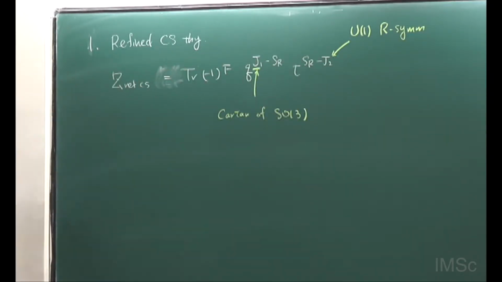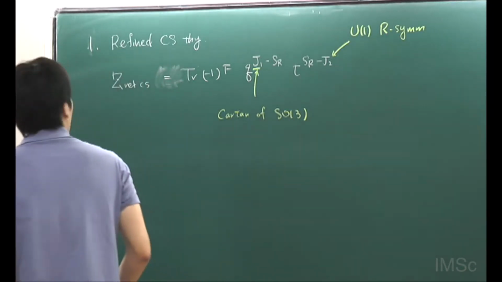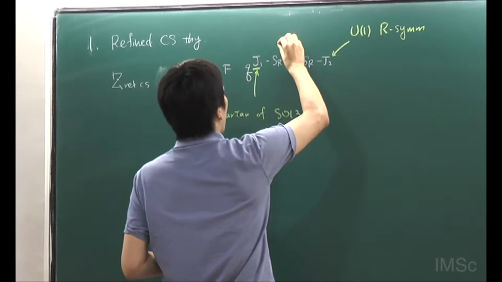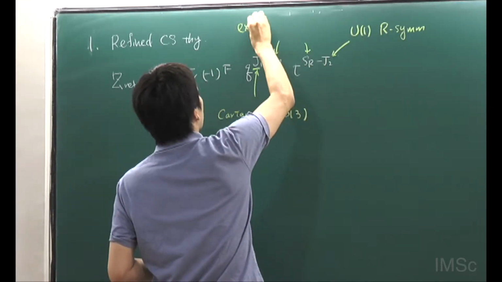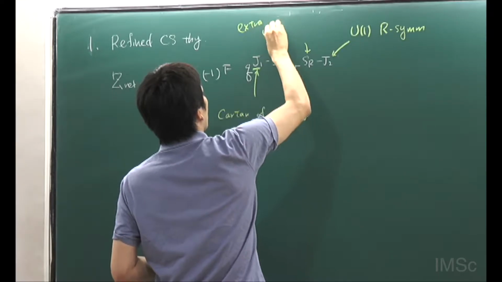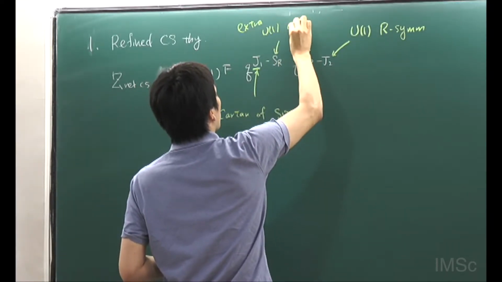I will explain in more detail in later lectures about the 3D N=2 theory. The 3D N=2 theory has a U(1) R symmetry, and there is another extra U(1) global symmetry.